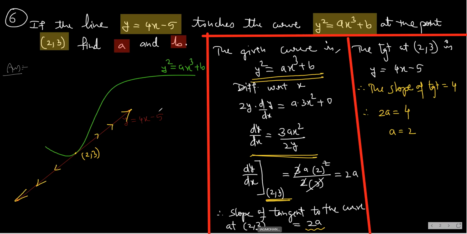But since you know the equation of the tangent, you already have the slope of tangent. So you equated 2a with 4 and you got the value of a as 2. Now what you will do? You have to now find the value of b. How will you solve for b?